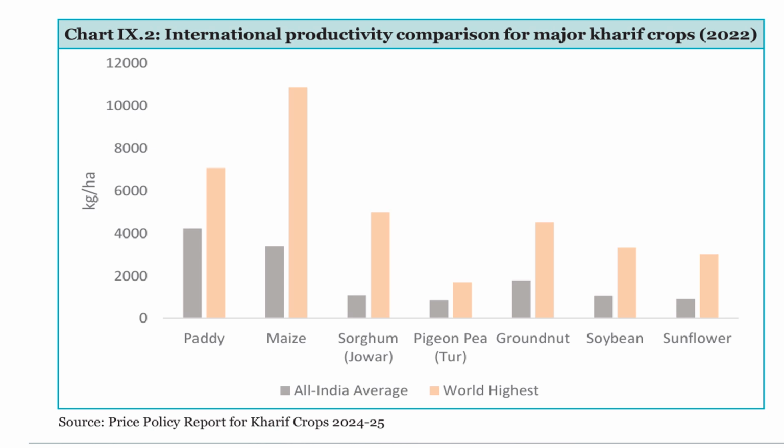First, paddy is around 4000 kilogram per hectare and world highest around 7000. Similarly for maize around 3000 and world highest around 11,000, and rest of the crops you can see here. So the overall motto of this comparison is to show the yield.